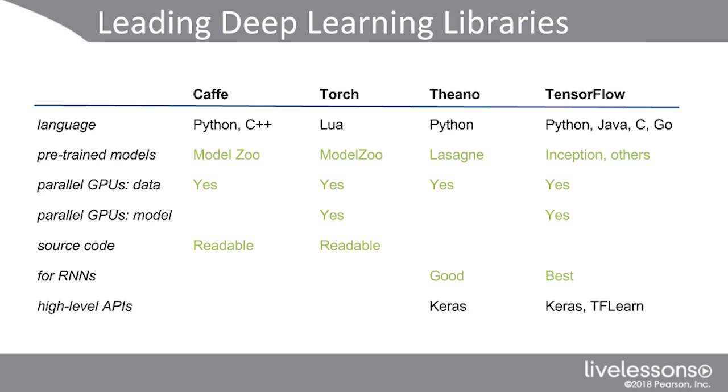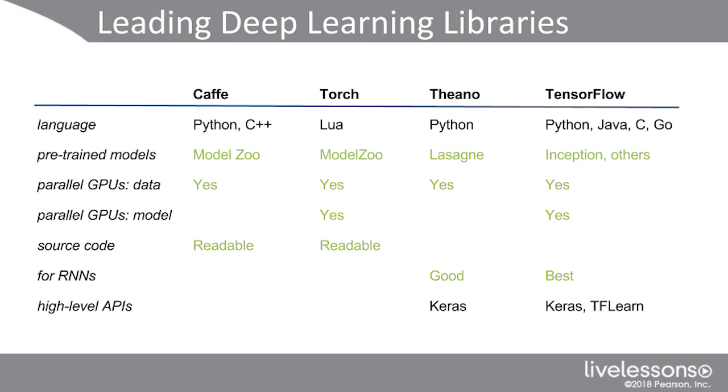In terms of high-level APIs, throughout these live lessons so far, we've been working with Keras, and Keras can call either Theano or TensorFlow in the back end. But in 2017, major releases from Keras bring it closer to working even better with TensorFlow than ever before.